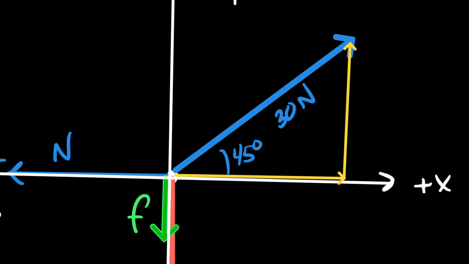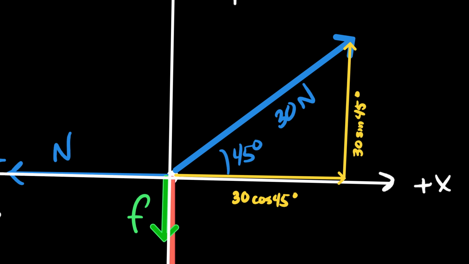I'm going to label this one as horizontal 30 cosine 45 degrees because it's the adjacent side. And one that's far away, I'm going to label 30 sine 45 degrees because it's the opposite side. And I'm hoping you guys are in a position now where you don't have to draw sine opposite over hypotenuse and all that, that you can step along a little bit.